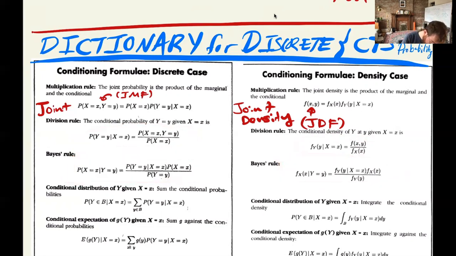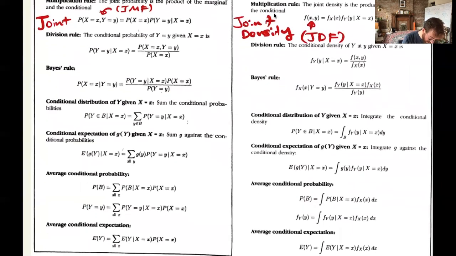But rounding out things, if I want to know the distribution of probability given that, let's say, x equals some little x, then I can sum up over all the points in B, or in this case, I integrate. So this illustrates the principle that sums go to integrals. Everything else is just what to do when you're not dealing with a function.